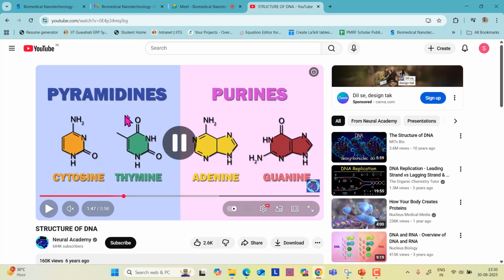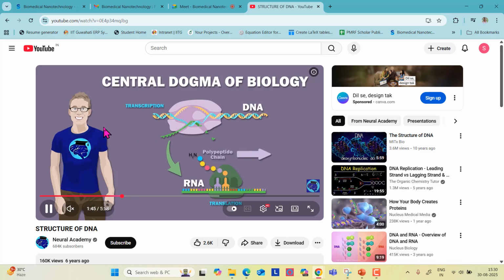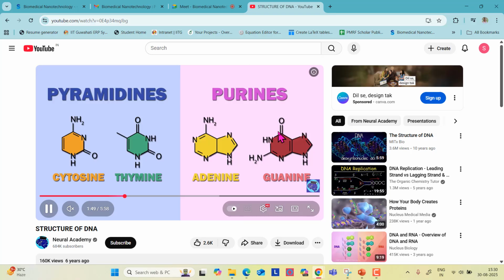So what happens? DNA transcription happens, it forms RNA, and RNA translation happens, it forms the protein. Okay, so these are pyrimidines and these are purines. A question may come asking which bases are called purines and which bases are called pyrimidines. They may give some kind of MCQ options.